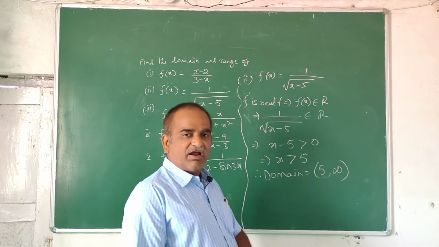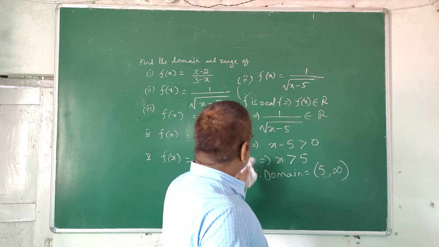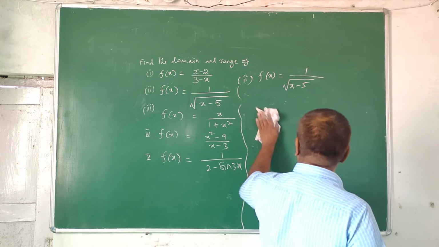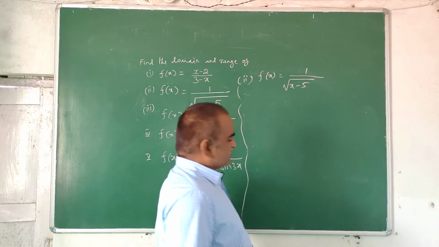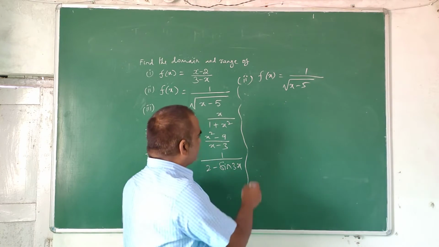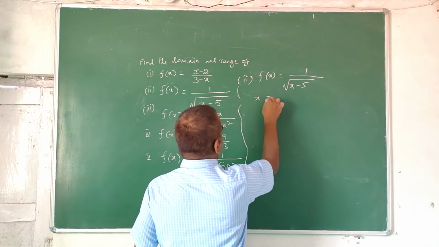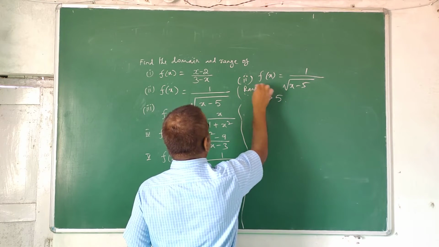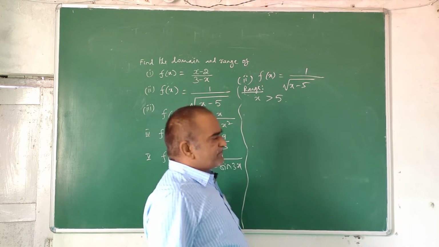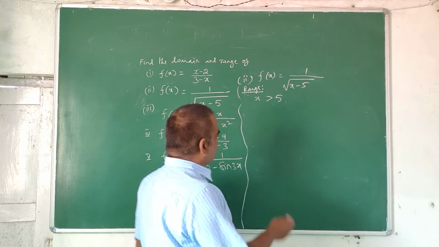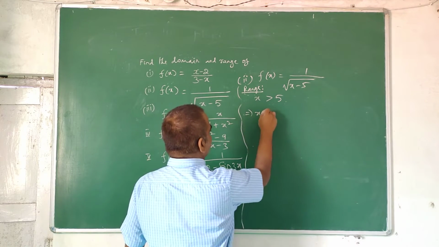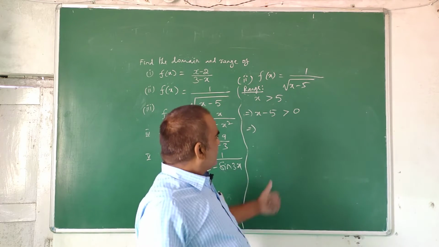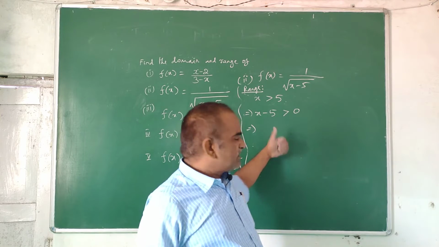Now you have to go for the range. So now you see how we will find the range. Just now we have seen that x is greater than 5, which implies x minus 5 is greater than 0. Are you following?